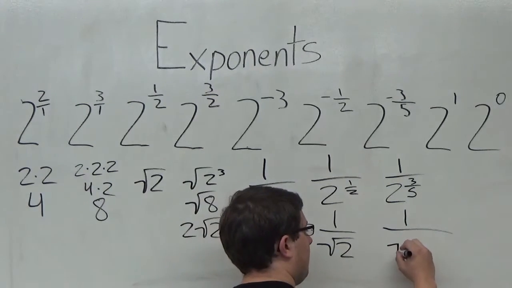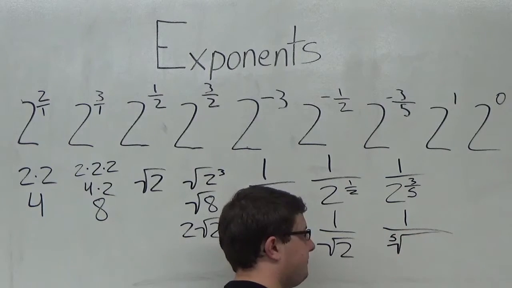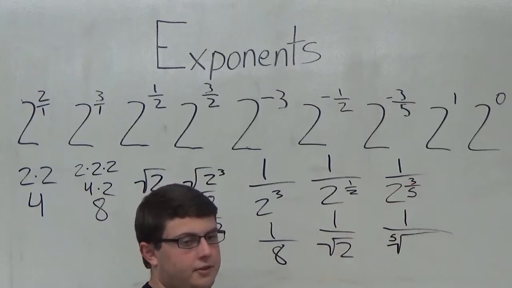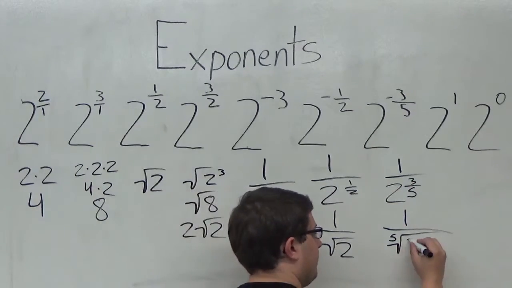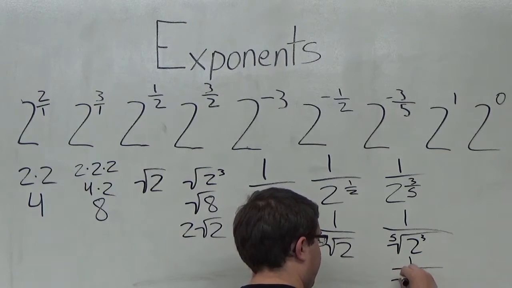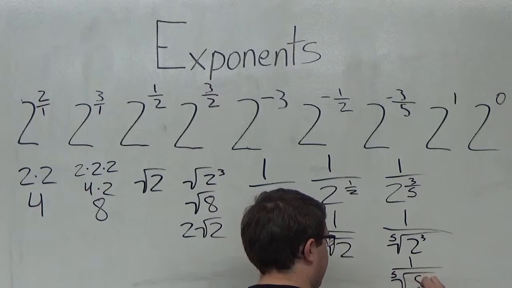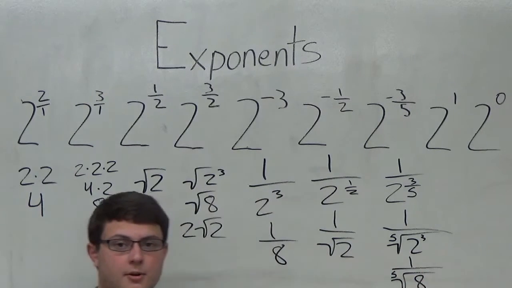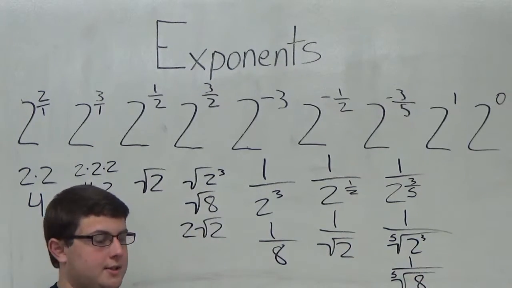So it's going to be 1 over the 5th root, and using the numerator, 3, 1 over the 5th root of 2 cubed. So it's equal to 1 over the 5th root of 8. And these cover all of the basic rules with exponents.